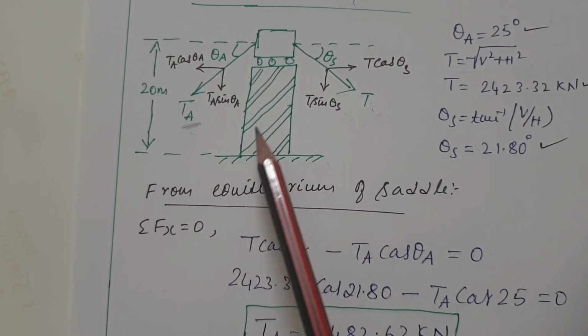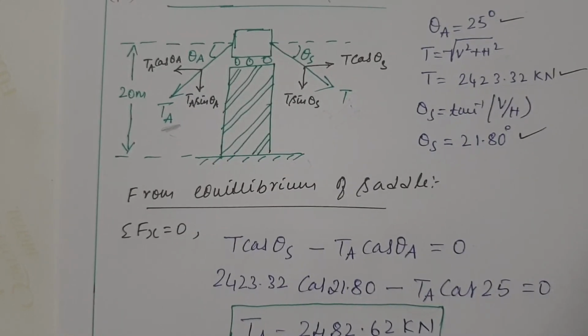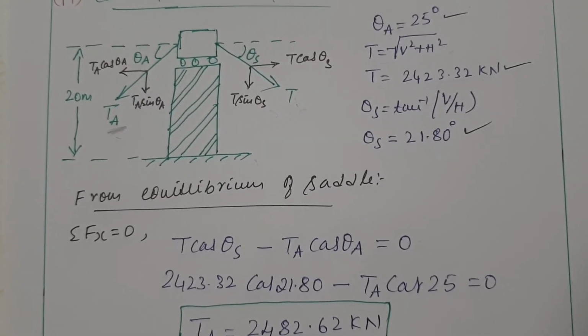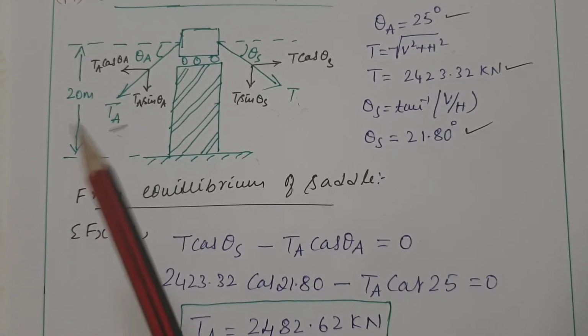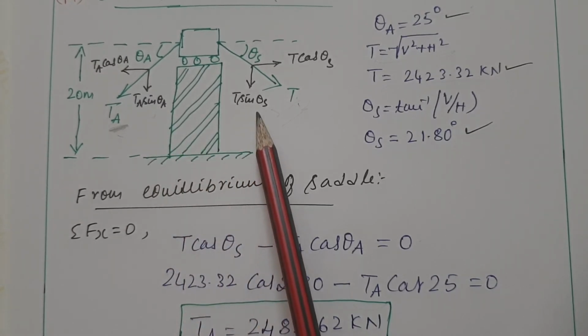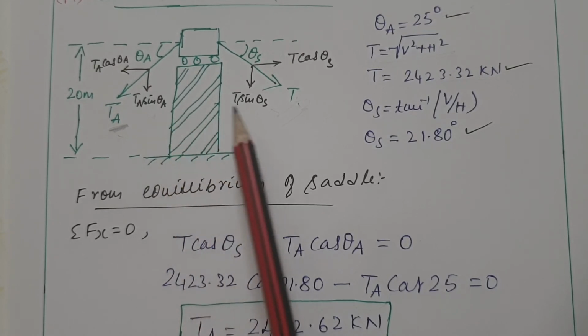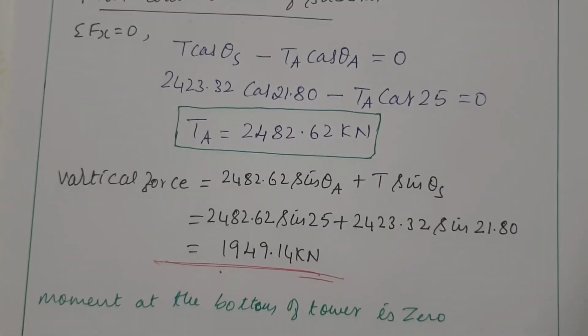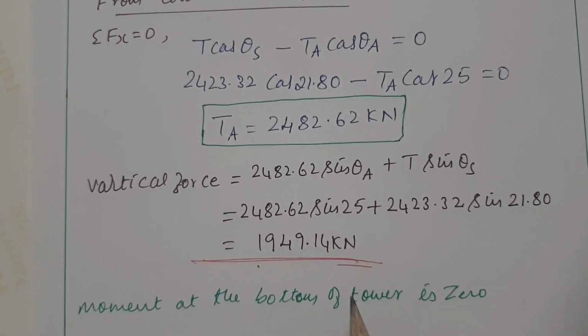Both are acting downwards, so I consider both positive: TA sin theta a plus T sin theta s. Substitute all the values and you will get the net vertical force.